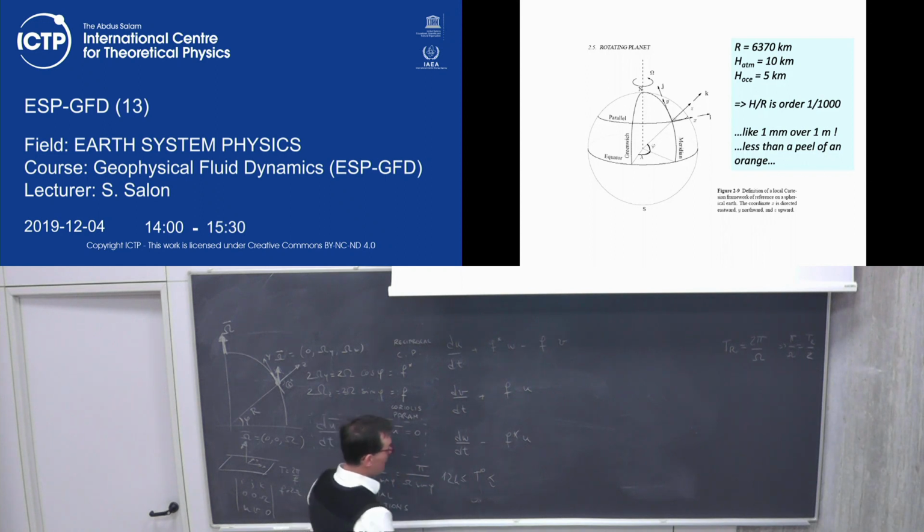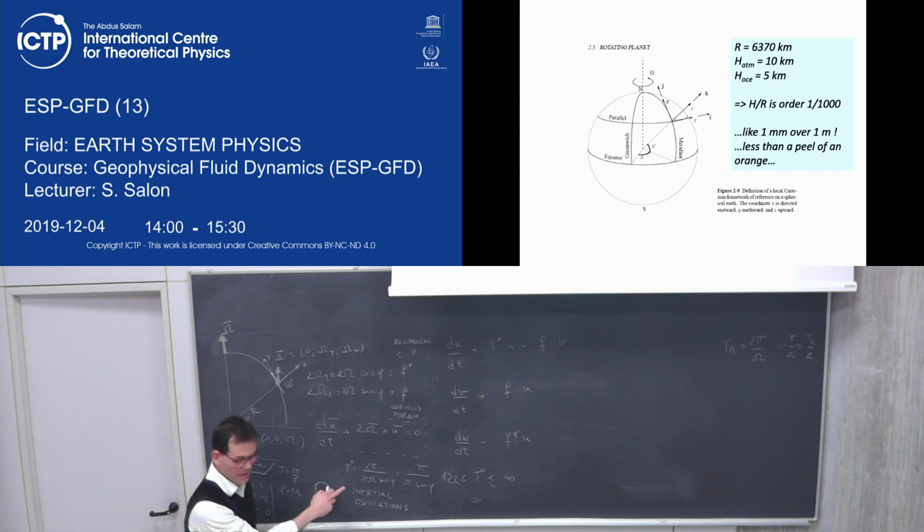And what happens at the equator? This is 0. So you finish. Mathematician, please help us. Right. You're lost? Yes, from T_IO. What is T_IO? IO stands for inertial oscillation.